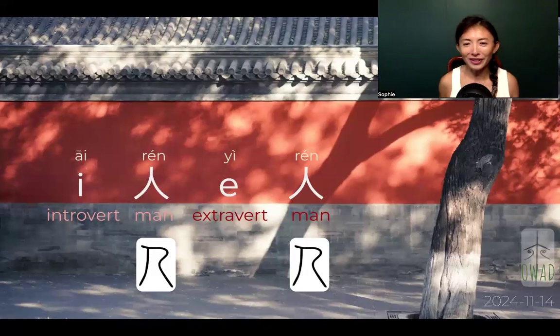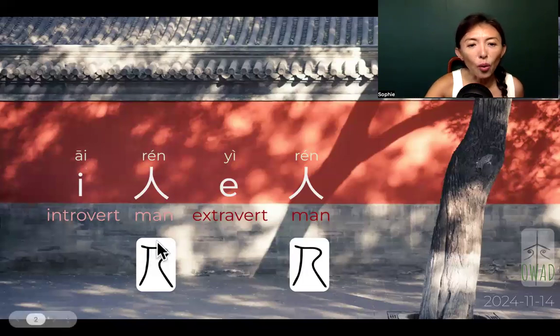Chinese is the reverse. We start from the right and point toward the left. So this is a side view of a person facing toward the left, because the default pointing direction, forward walking, is toward the left.